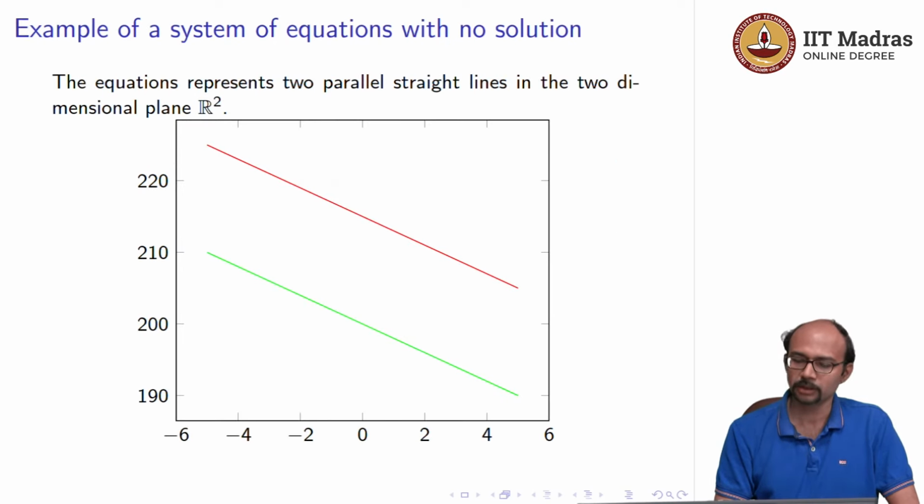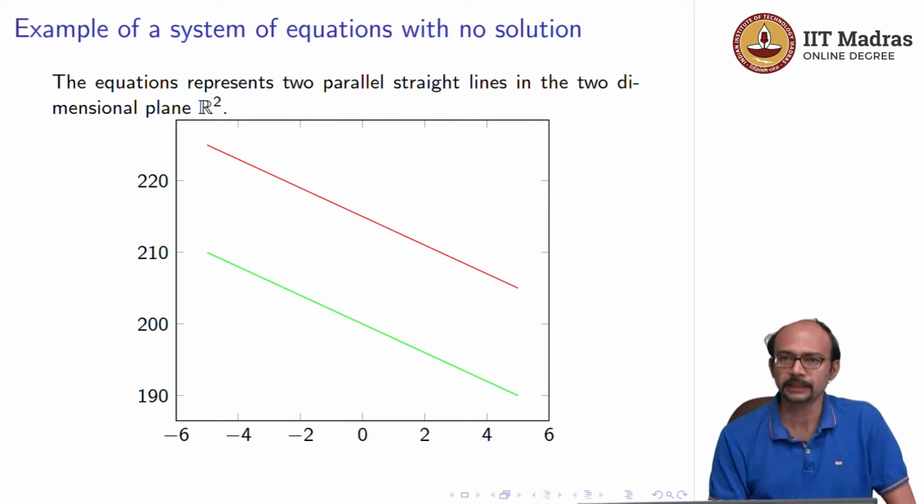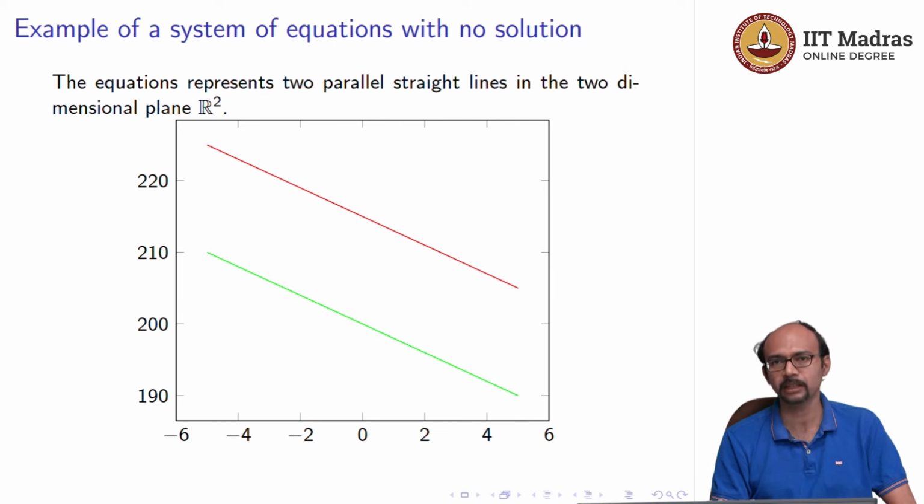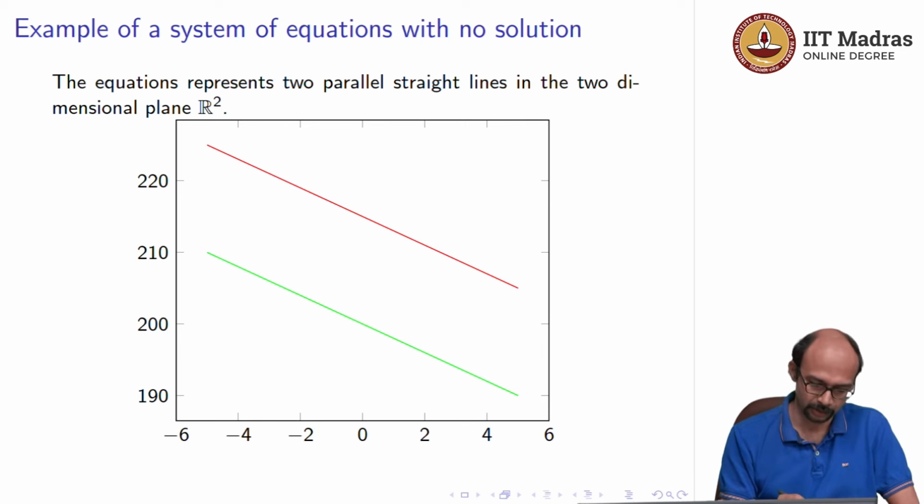The reason there's no solution here is that if you draw the lines in this case, they are parallel lines, so they won't intersect at all, and the intersection is exactly what will give you the solution. In the previous case both the equations were the same line, so it was like you had two lines which were the same, so they intersected in infinitely many points. Here you have two lines which are parallel, they don't intersect at all, and so there's no solution.